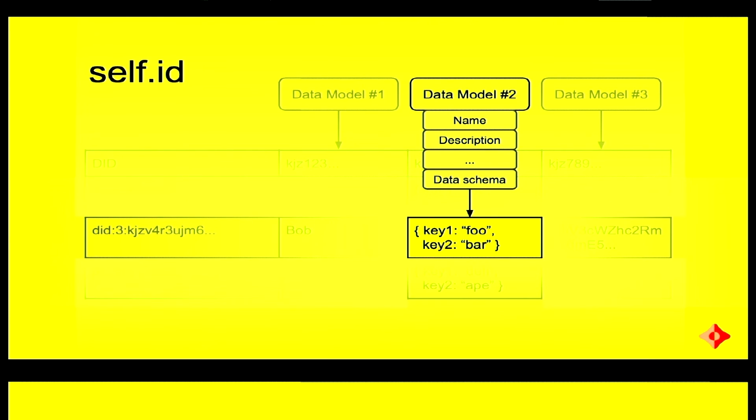And if we look into what a data model is, it's really some metadata information like name and description, maybe something else about a particular column in the table. And it also includes a data schema. This data schema is really important for us to build this kind of composable data ecosystem, because it basically specifies what the data inside of the cell looks like.